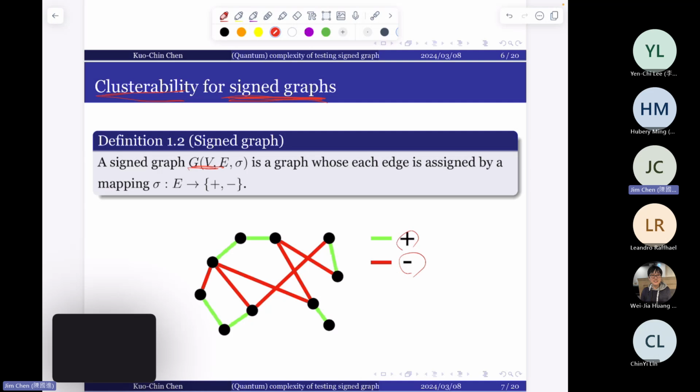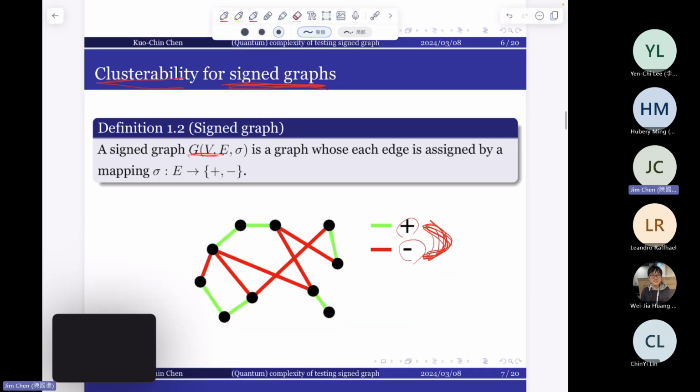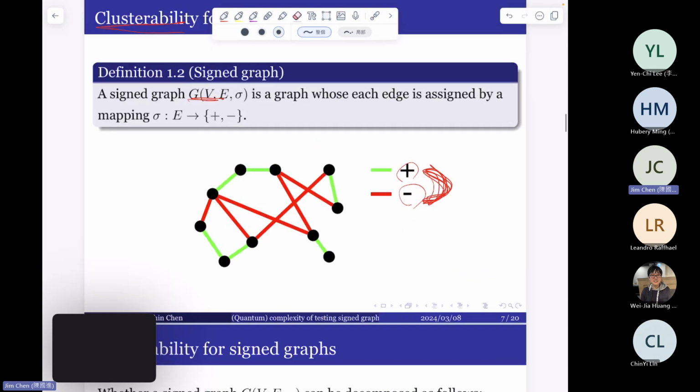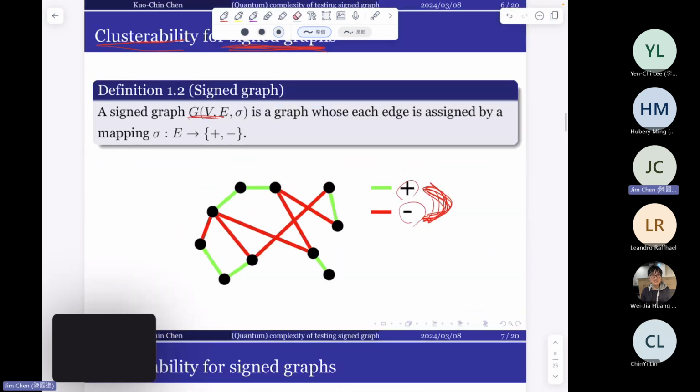If we remove this labeling, the sign graph is just a normal graph. And if we label each edge, then we call the graph a sign graph. I think the sign graph is quite easy to understand.